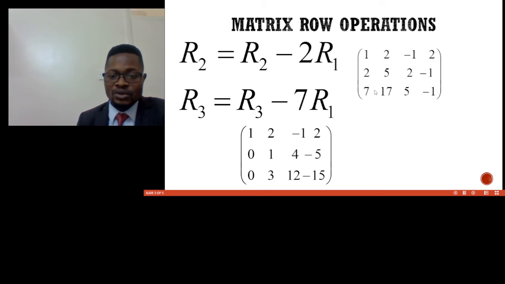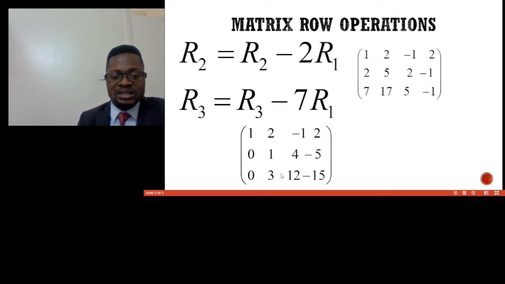For instance, the first value in row 3 is 7, so it is 7 minus 7 times 1 because it is 7 row 1. That will give you 0. You can prove that using your calculator. We have 17, so it is 17 minus 7 times 2. That will give you 3. So you continue that way, and this is what we got.